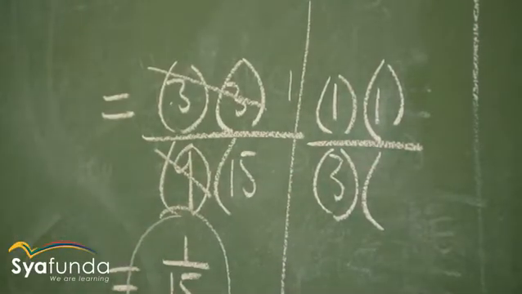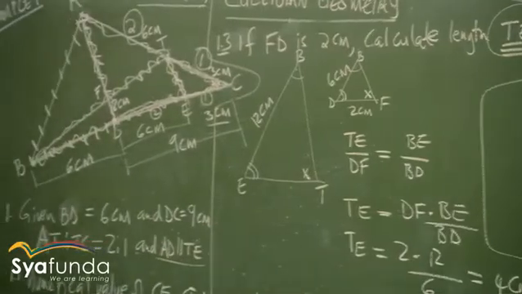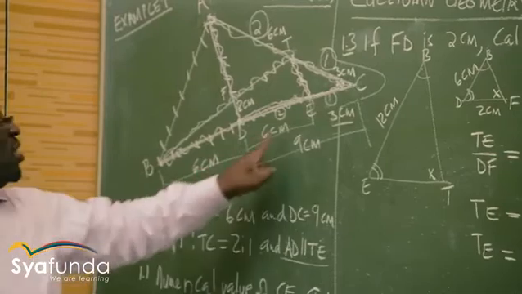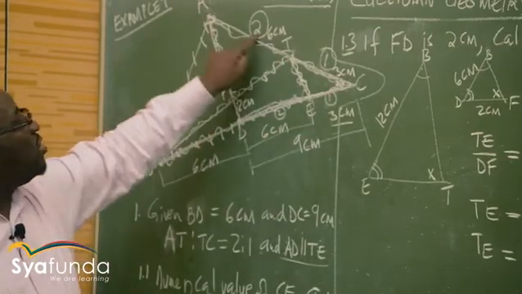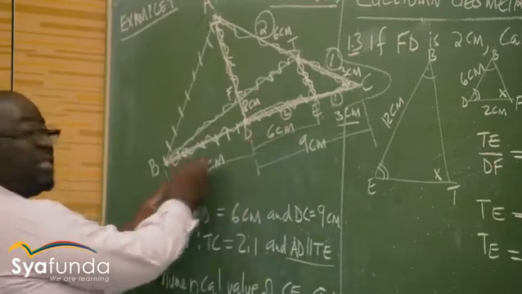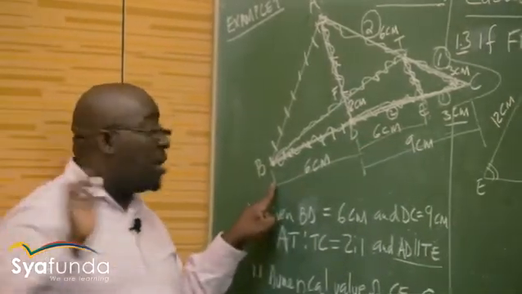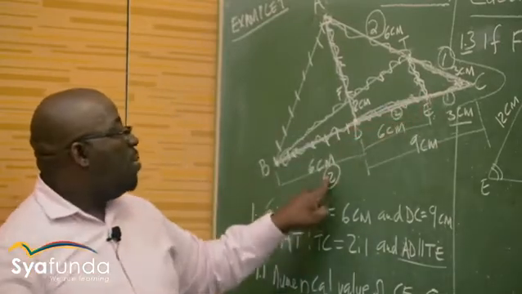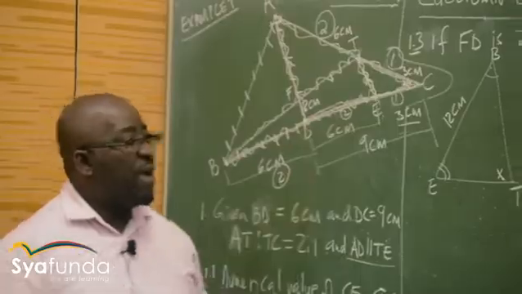Times, let's find BC in terms of ratio. Remember that this 6 centimeters is ratio 2. So BC is 2 plus 3, which is 5.